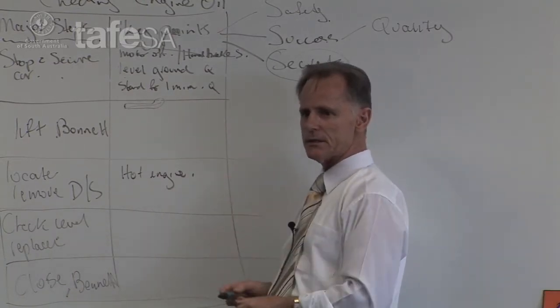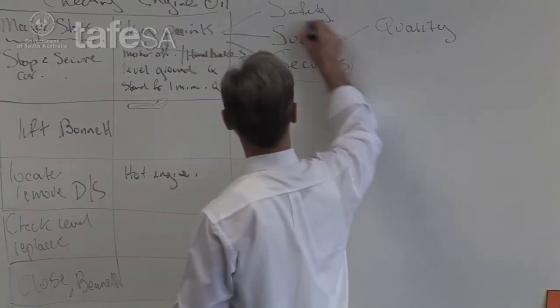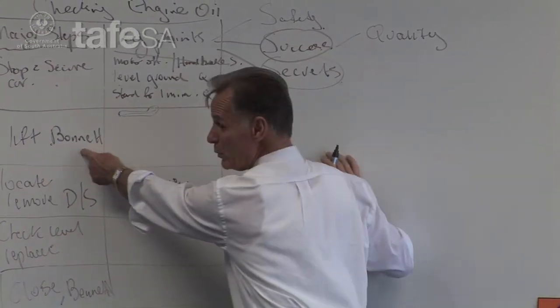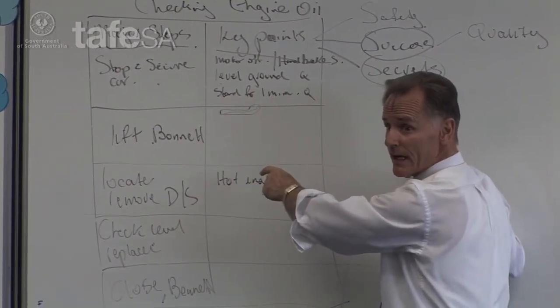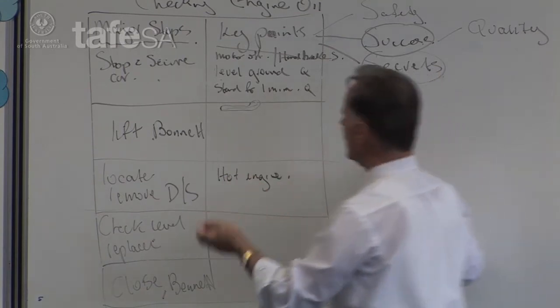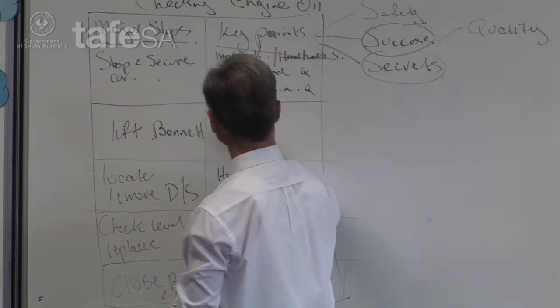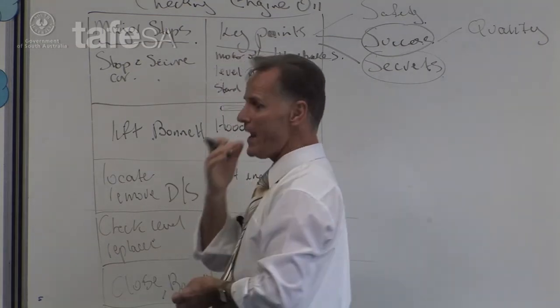Now here comes Rita's little button. For success, to actually get the bonnet up, you've got to talk about locators, or what shall we call them? Yes, hood lever. All I need to put down is hood lever and a question mark. Where is it?